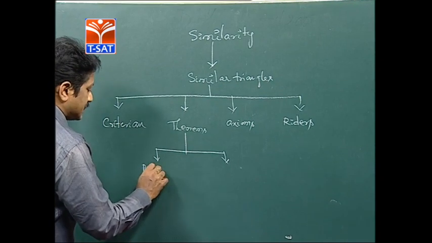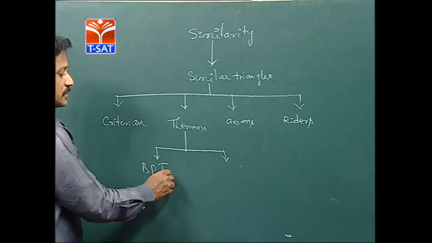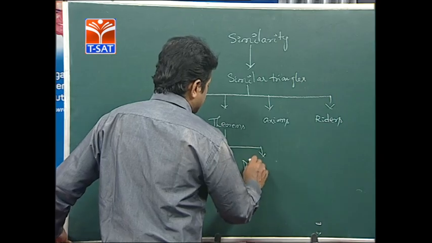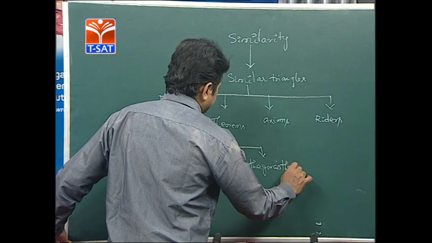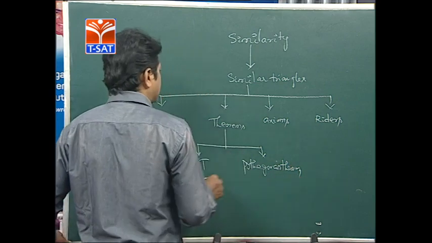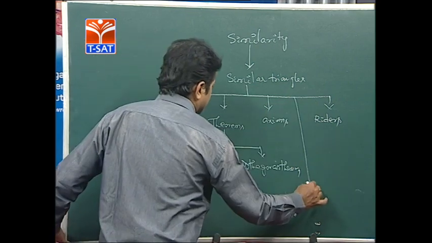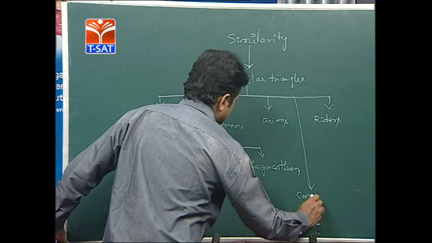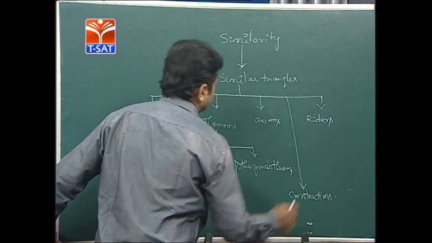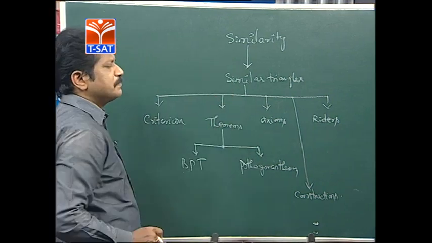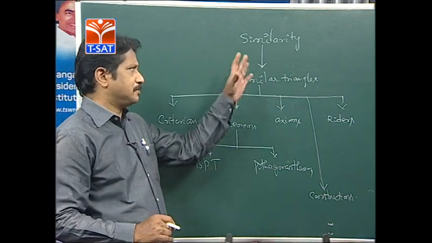One is simply BPT, the basic proportionality theorem, and the next one is the Pythagoras theorem. And we have one more: based on this we have constructions. This is a simple flow chart for the given textbook.